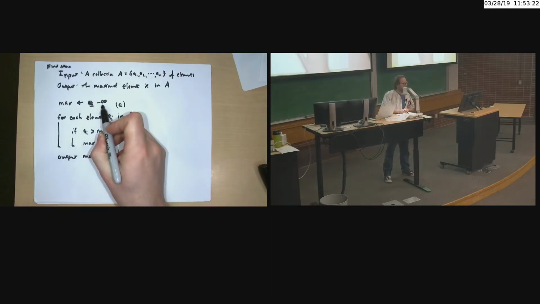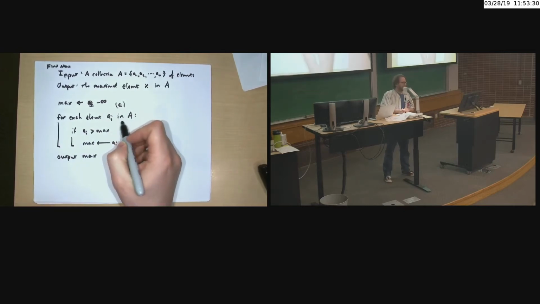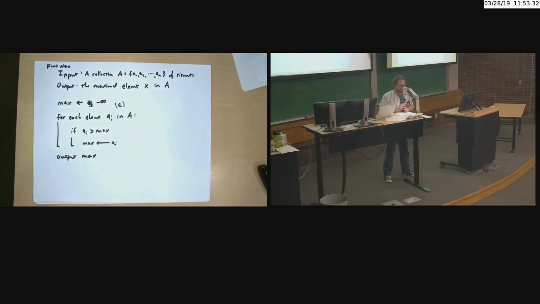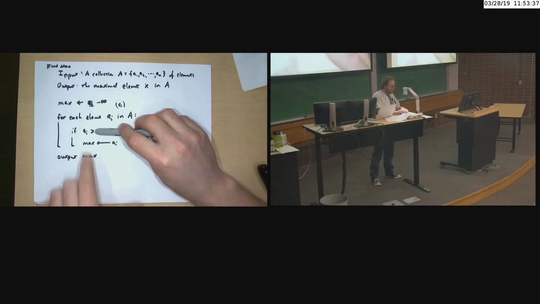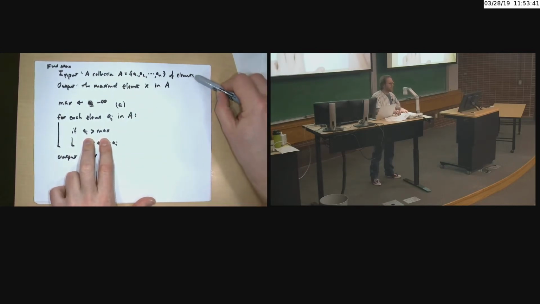Like I said, you can liberally use as much mathematical notation as you want, right? Again, I avoided this because I don't know if you've had set theory yet, right? And you might get other variations as well. Like, for example, here, if a sub i is greater than max, we didn't say what these things were, right? We didn't say that these were integers.